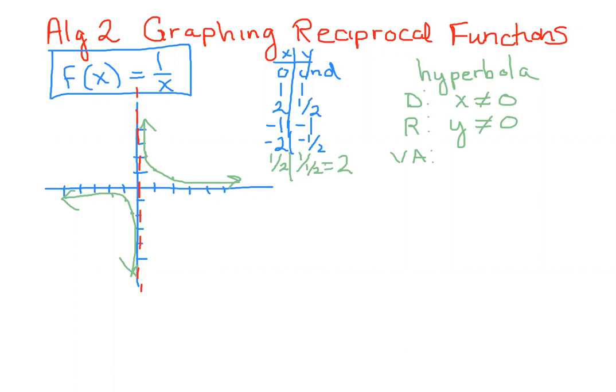Vertical asymptote is x equals 0. And the horizontal asymptote is right here. And that is y equals 0. So that is the parent function of a reciprocal function.